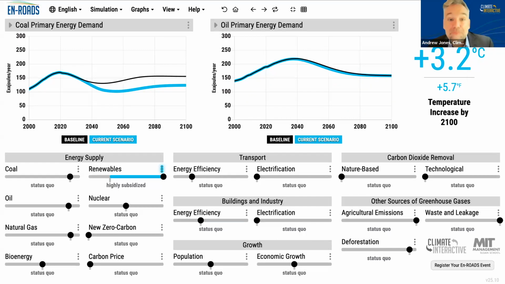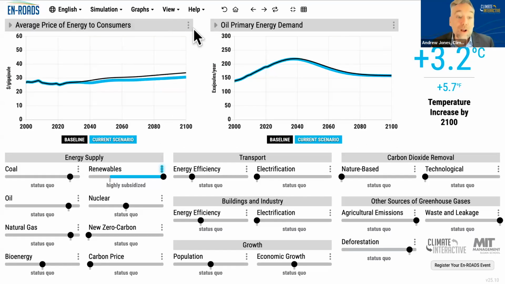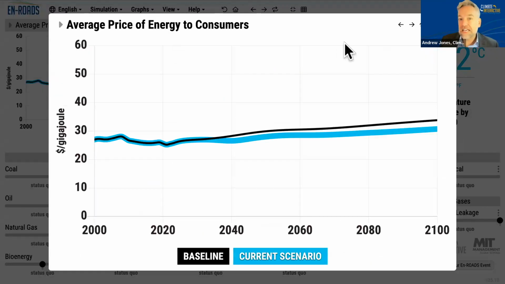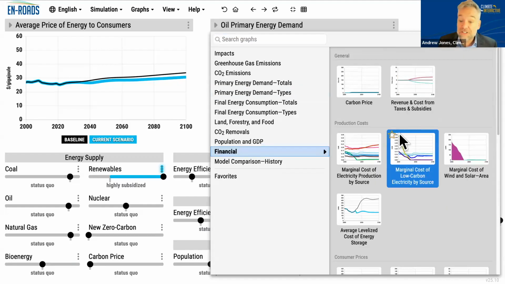And the beautiful thing about this is that what it's also doing is helping energy affordability. So global price to consumers, average price of energy to consumers comes down because we're investing in an inexpensive source of electricity. So this helps energy affordability. And we can look very specifically at the price of electricity.